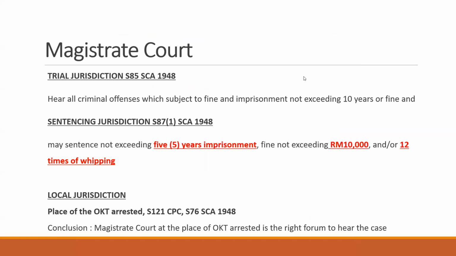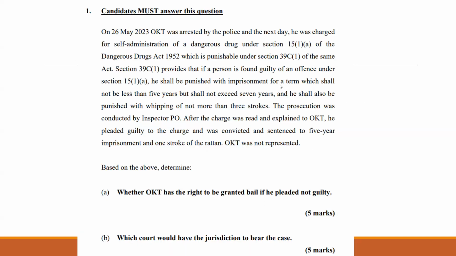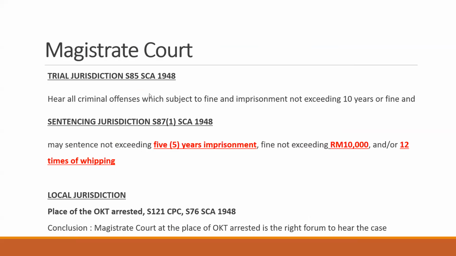No problem of hearing, because the fine and imprisonment is not exceeding 10 years. Here, the offence shall be punished with imprisonment for a term not less than 5 years, but not exceed 7 years. So we have no issue. Hearing can hear. Okay. But what about sentencing?